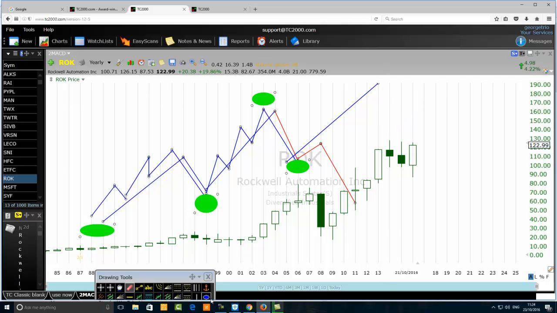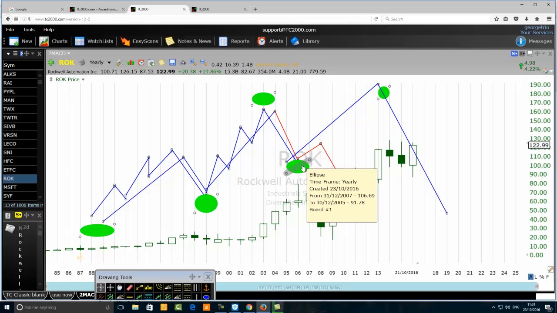So then they will expect another move from here that will end here, and they will expect a bigger correction all the way down here. So the first Elliott wave cycle is a mini cycle of a bigger cycle. 1, 2, 3, 4, 5, correction. 1, 2, 3, 4, 5, correction. So this is a 2 mini cycle. Yes or no?